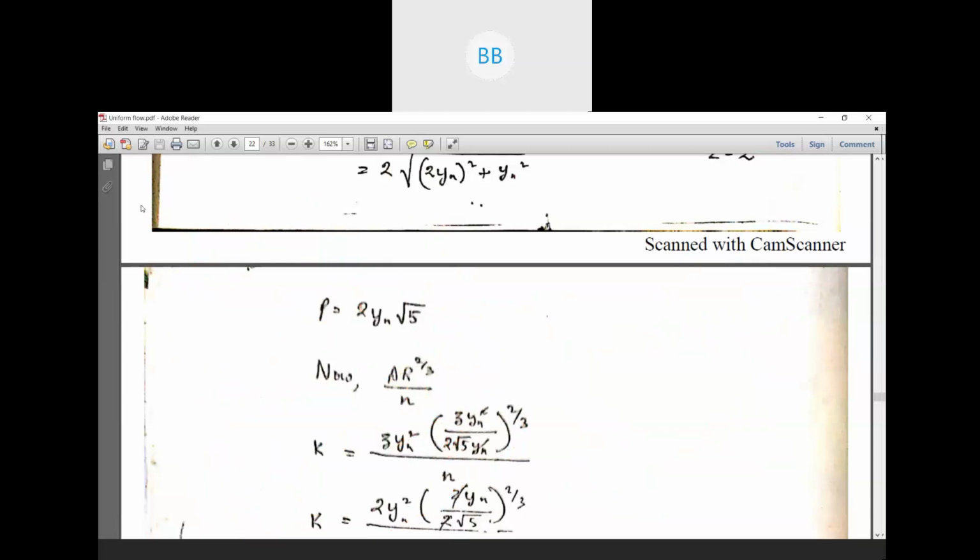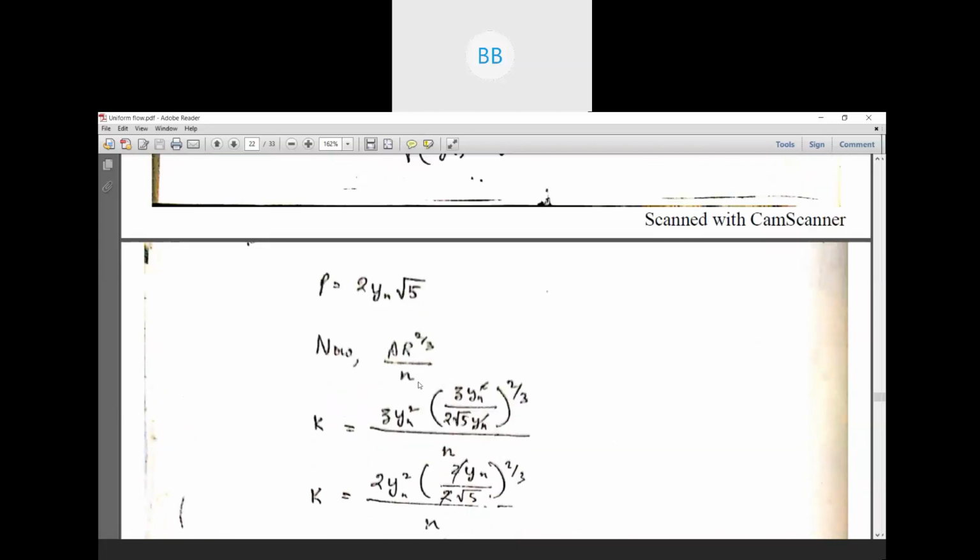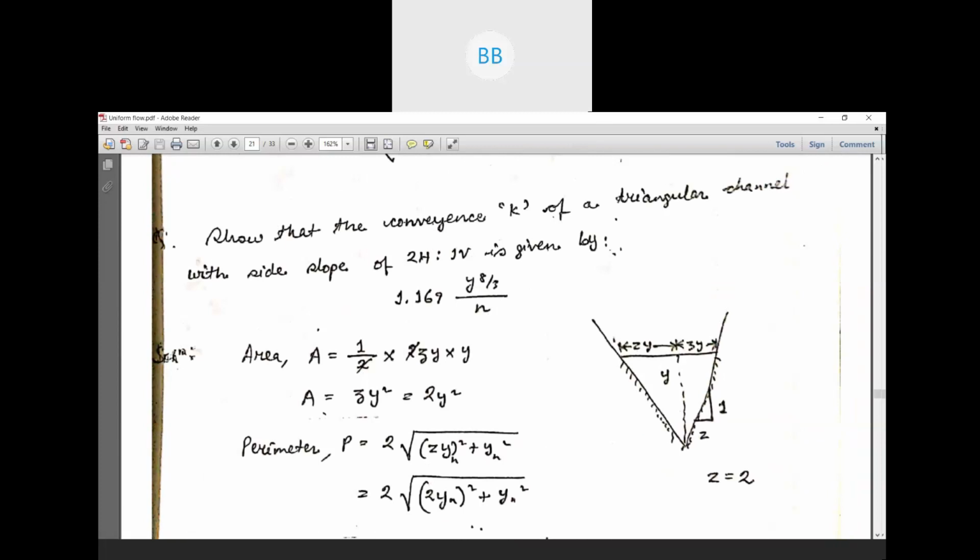So we use this expression for K here, and then we substitute these values. Area we have already calculated, so we substitute the expression for area. R is nothing but A by P. You substitute all the expressions in this equation and see whether you are getting the same equation. You try to solve.